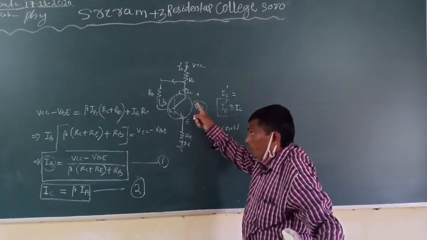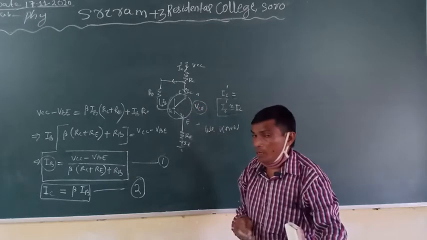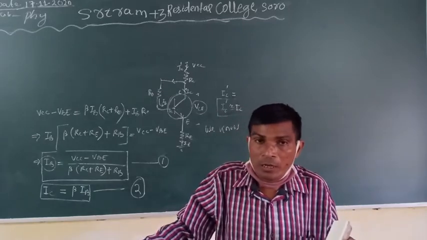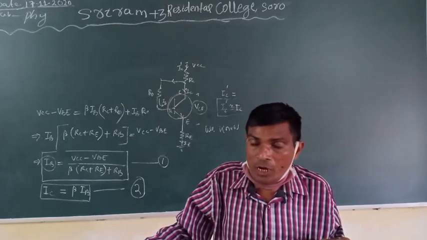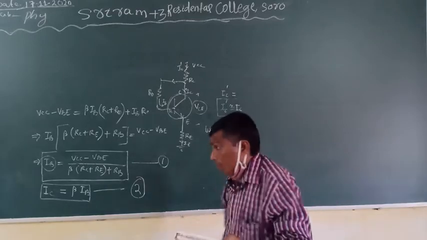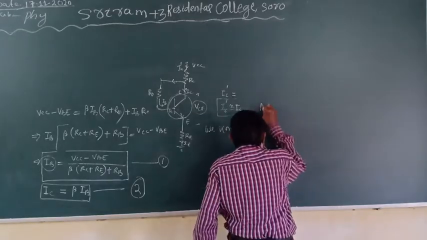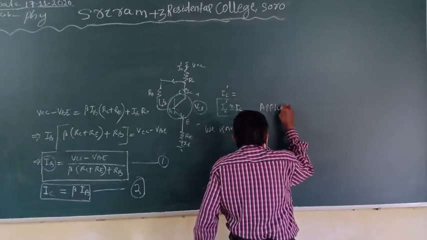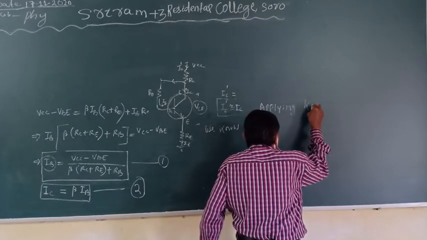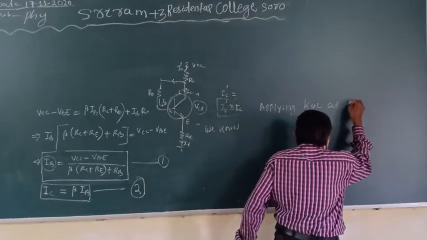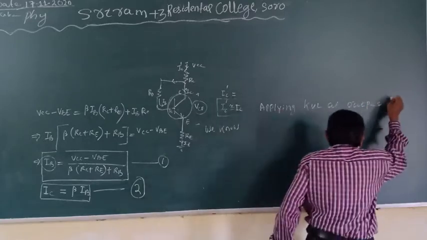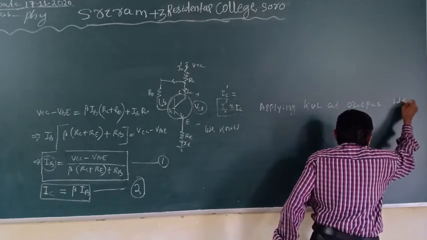To calculate VCE, we consider the transistor connected in an output loop. Now apply KVL at the output side.